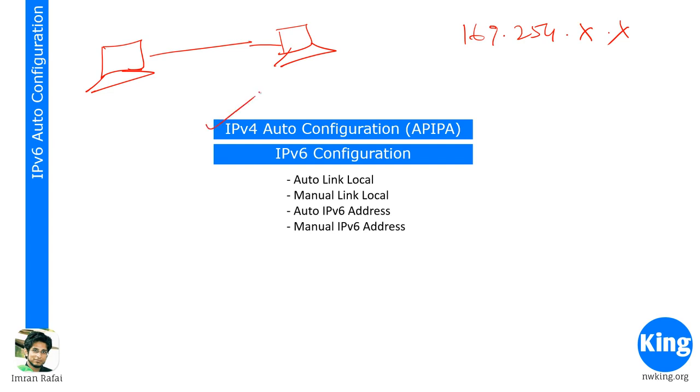Now IP version 6 also has auto configuration. So one thing, the main difference, I don't know if I said this in the last video, is IPv4 and IPv6 has one critical difference.